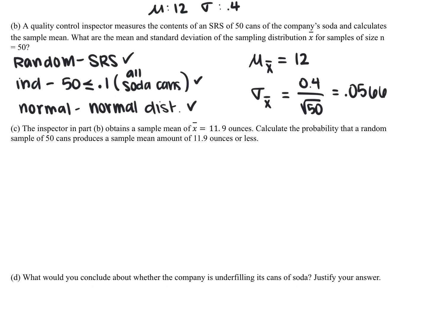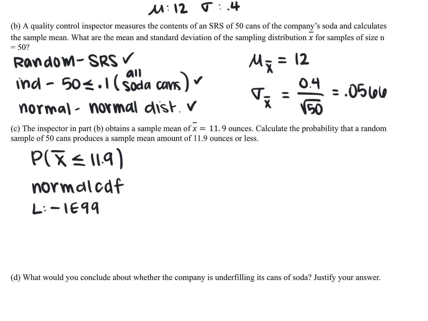So the inspector that we just talked about in Part B, he obtains a sample mean of 11.9 ounces. So now we want to recalculate the probability that a random sample of 50 cans produces a sample mean of 11.9 ounces or less. So it's still the probability that X bar is less than or equal to 11.9. But when I go to normal CDF, I no longer have the same standard deviation. So my lower bound is still negative 1E99.